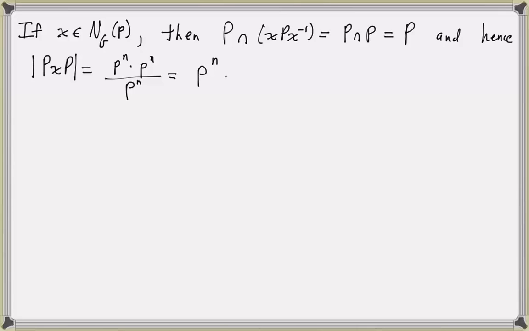So whenever x is in the normalizer of P, then the double coset PxP has order p to the n.